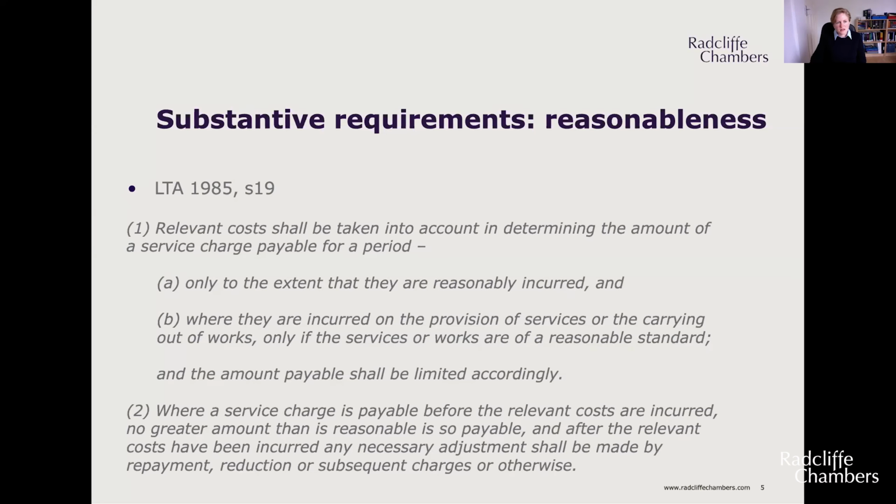And as you can see, this section distinguishes between incurred costs and advance payments of service charge. And so if you are in a situation where a cost has been incurred at the time that the demand for service charge is made, you have a two-stage test under section 19(1) that's going to apply. And that two-stage test is firstly that the costs must have been reasonably incurred, and secondly that any work or service provided must be of a reasonable standard.